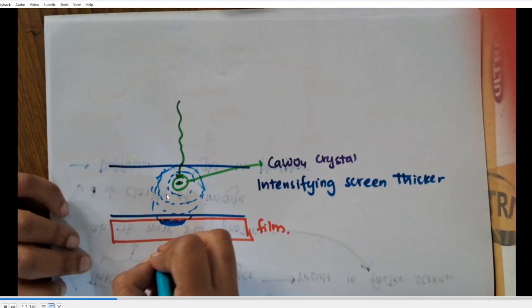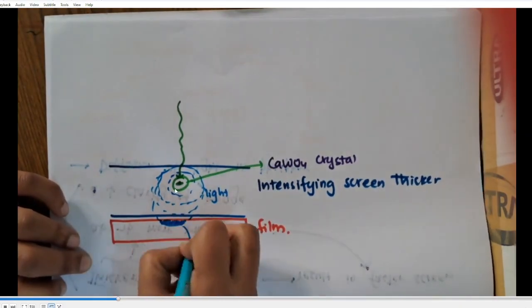These light photons are emitted in all directions. Not all the light photons will reach the film, but those that do will expose an area of the film which is much larger than the size of the calcium tungstate crystal which emitted the light.